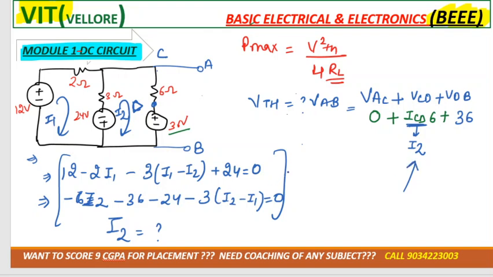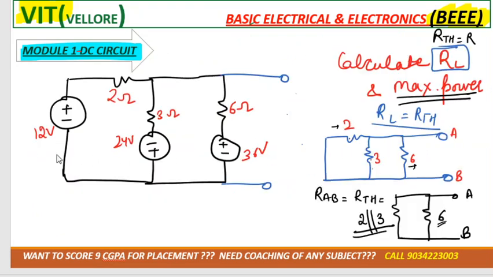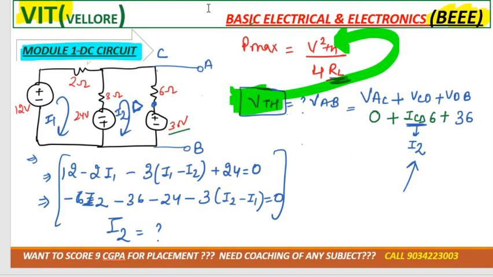We can substitute it here. Then we'll be able to get the value for VTH, right? And we can substitute the value for VTH over here. We already calculated RL in the previous case. Then after that we can get maximum power.